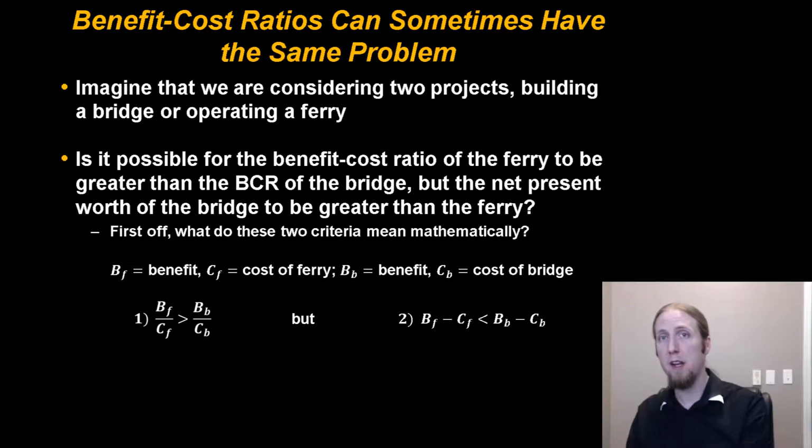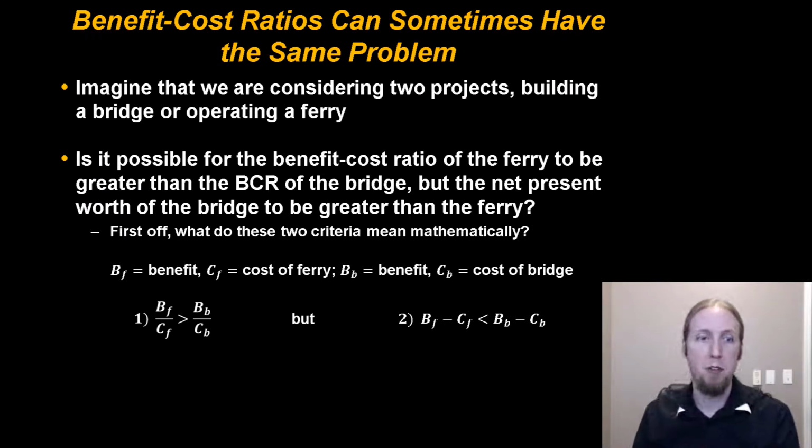But then the second expression, that the net present worth of the bridge would be greater than the ferry, says that B sub f minus C sub f is less than B sub b minus C sub b.